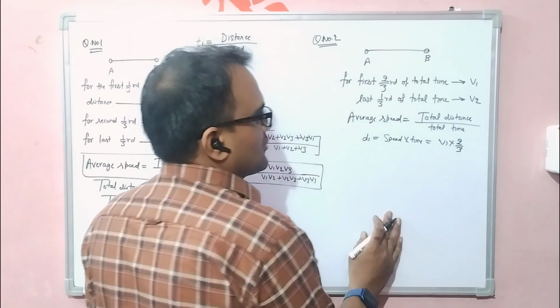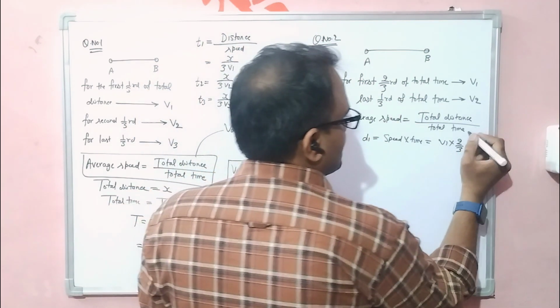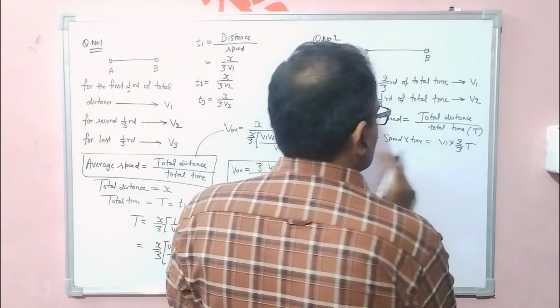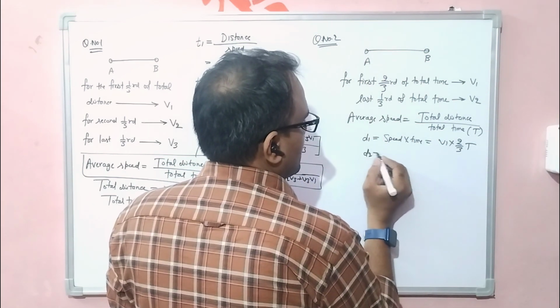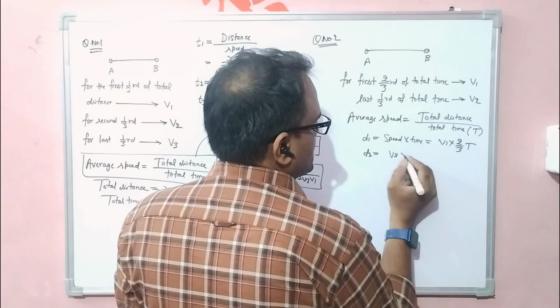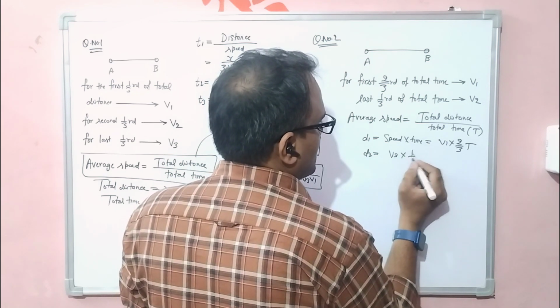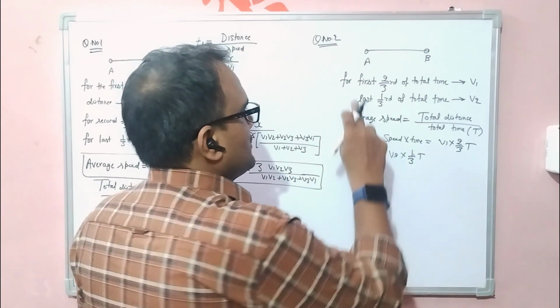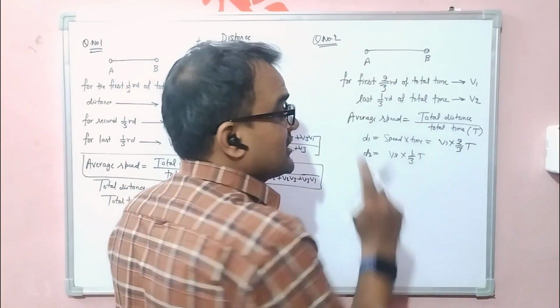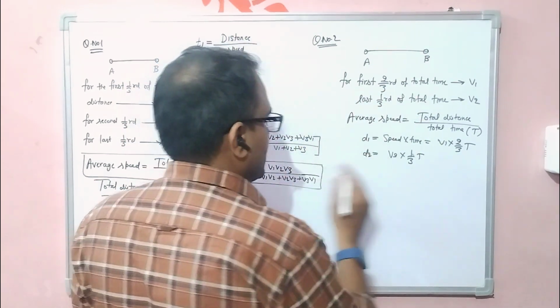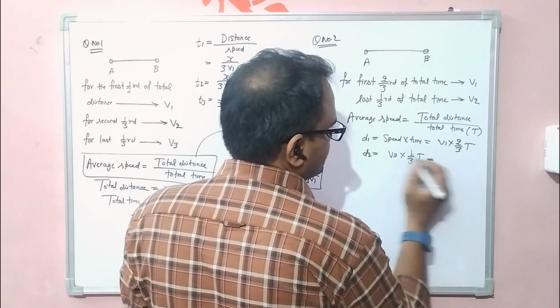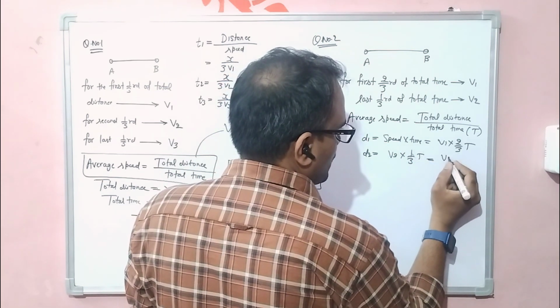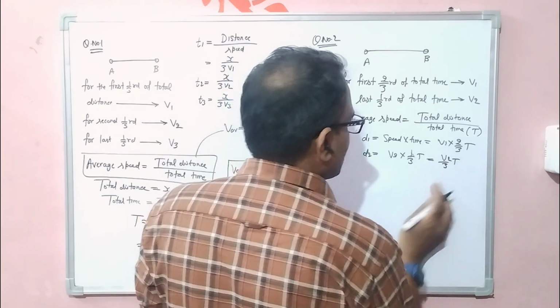So let's assume the total time is capital T. Okay, so this is d1. Similarly, I can write d2 is v2 into 1/3 of total time, because after the first 2/3 the remaining time is 1/3 of the total time, right? So in that sense, this is v2 over 3 times capital T.